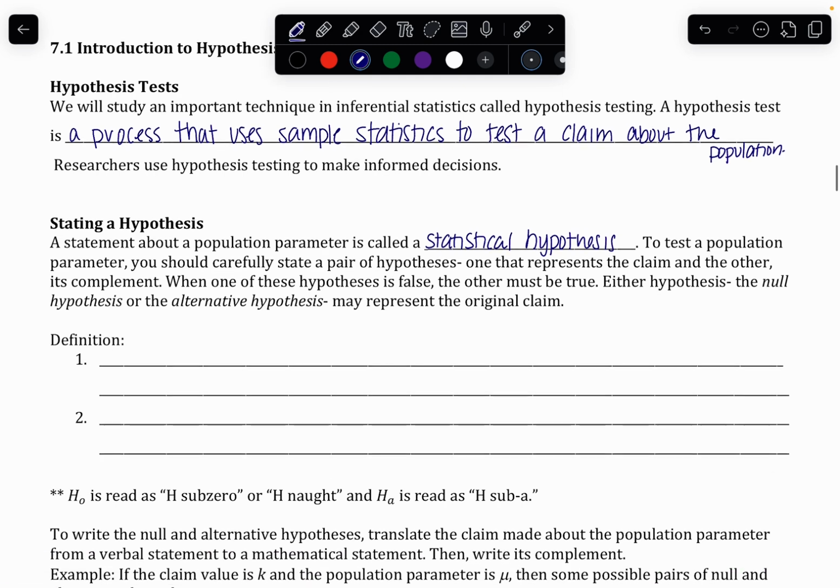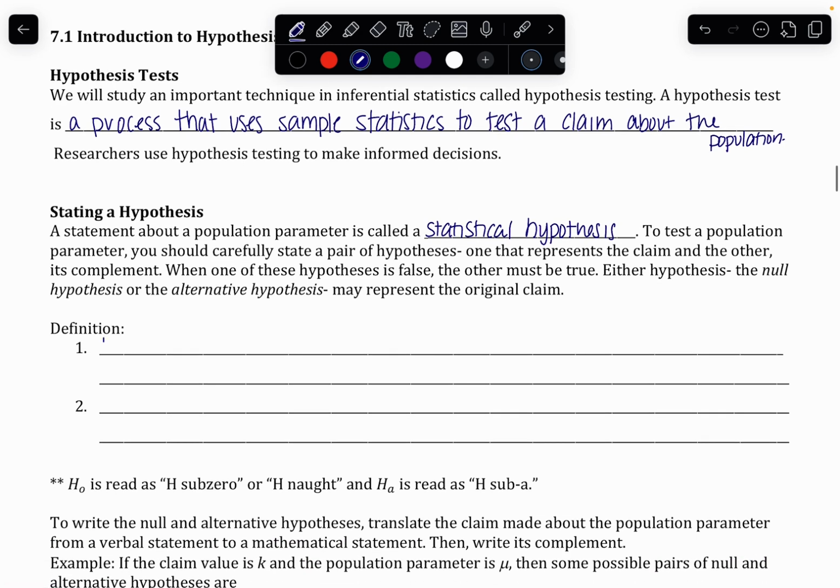So our definitions. The first one we have is the null hypothesis. We're going to use a capital H with a subscript of 0.